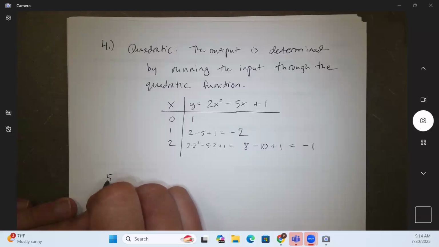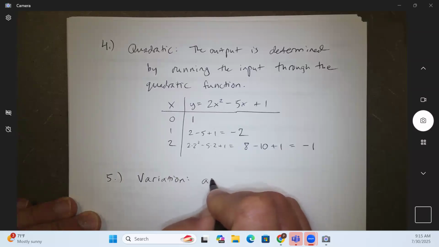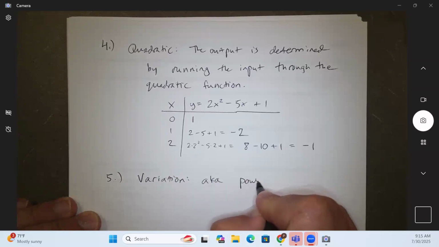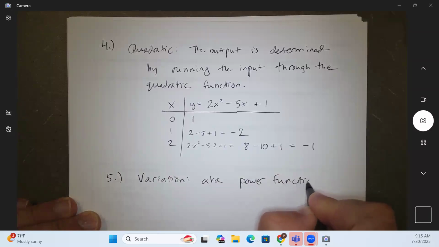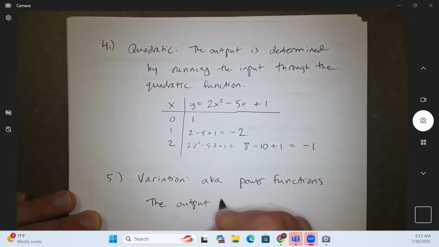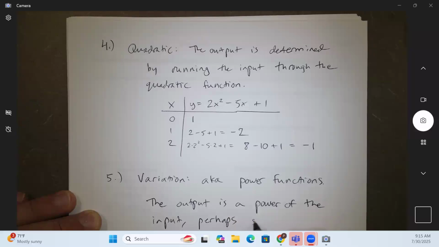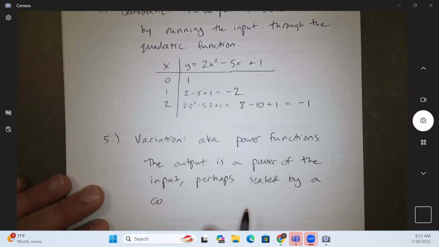And so now when we talk about variation, also known as power functions. The output is a power of the input, perhaps scaled by a coefficient.